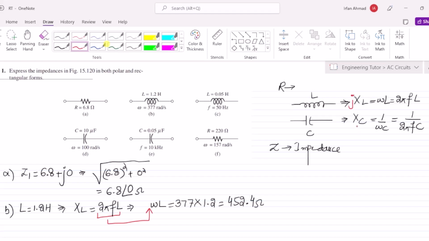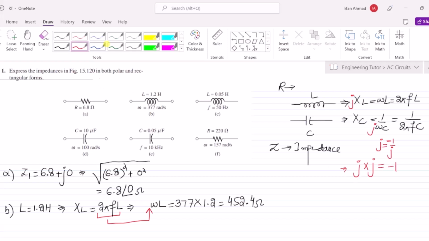Similarly, with XC, what do I have to use? I have to use the value with the denominator as j. So once this is used like 1 by j, I know that 1 over j is always equal to minus j, and that is because j multiplied by j is always equal to minus 1.